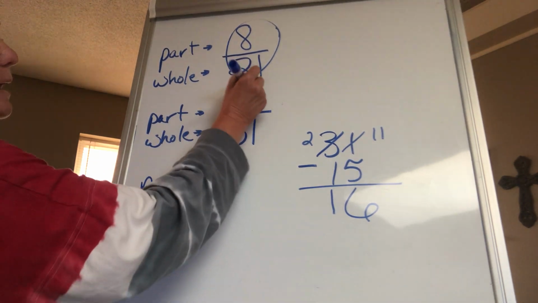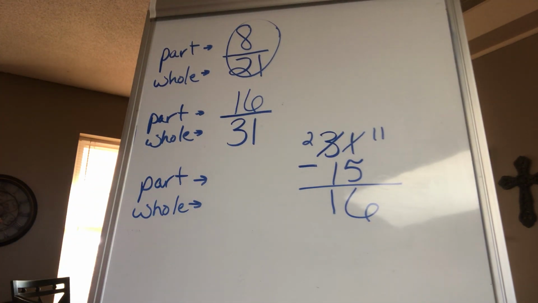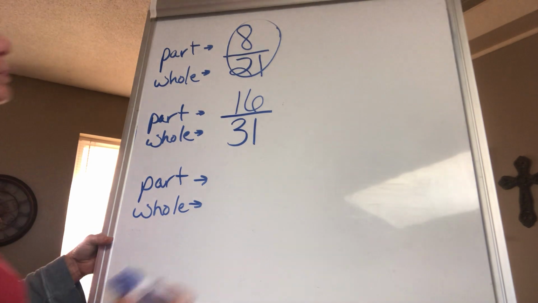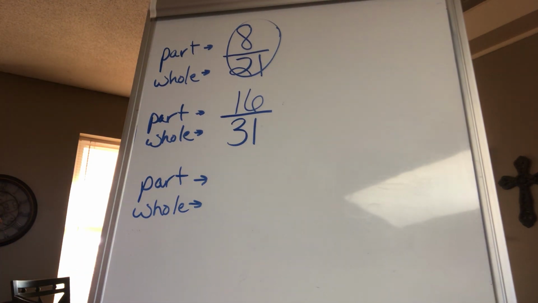So if I have 31 employees, and I take away the 15 that work part-time, now I know what part work full-time. So now I have my fraction to start working with, and I have to see, is there any number that I can divide both of them by and get a 0 remainder? Well, they're not both even, so I can't use 2, can't use 3, 4, 5. I could just keep going on this one.